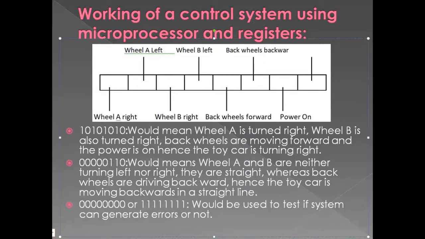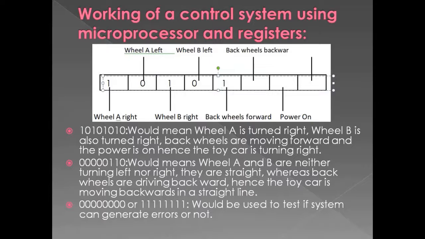If we write it like this, simply use a pencil to write it. Wheel A is not turning left, then wheel B is also turning right, and then we have a 0, which means the left function is off.